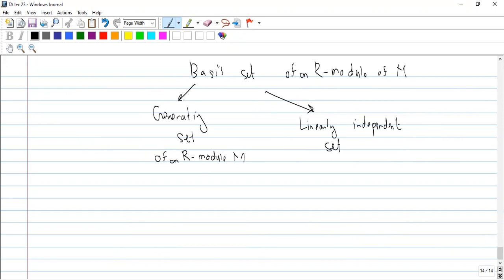So here, what is the definition of a free module?